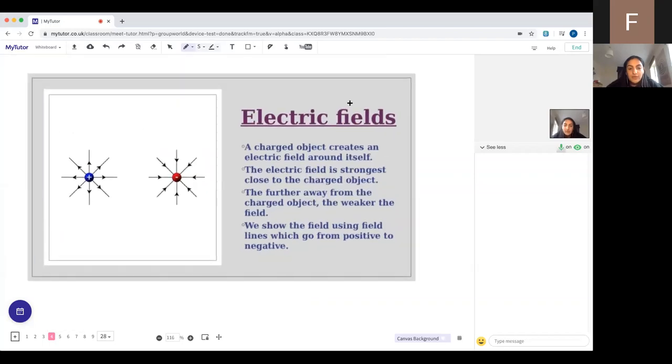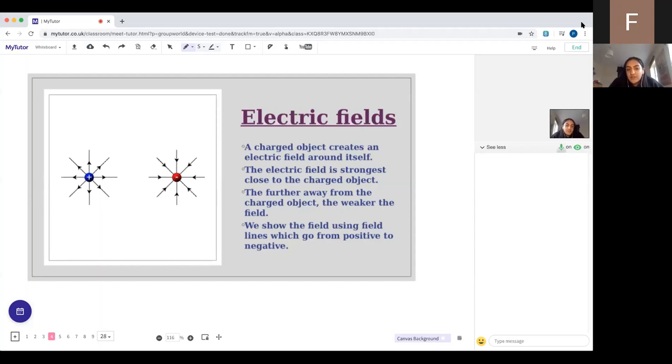Moving on from there is electric fields. You might have heard of magnetic fields. You might have done the experiment where you put a magnet underneath a piece of paper, and then you pour iron filings on top of the paper, and you get to see the magnetic field lines make a nice pattern around the magnet.